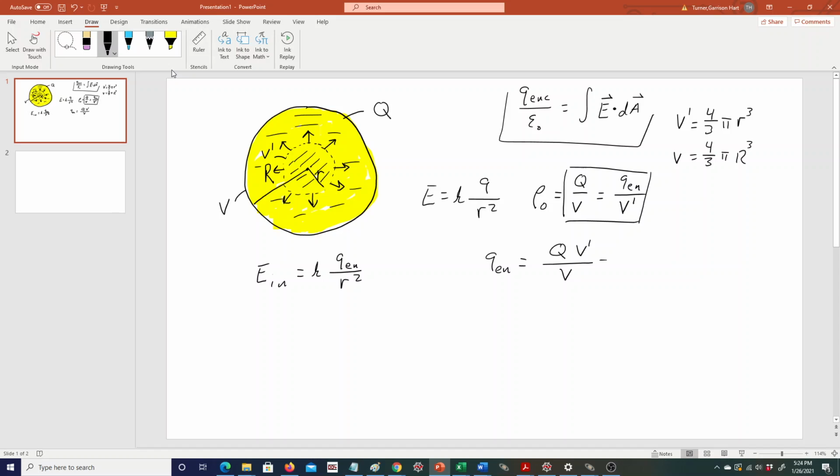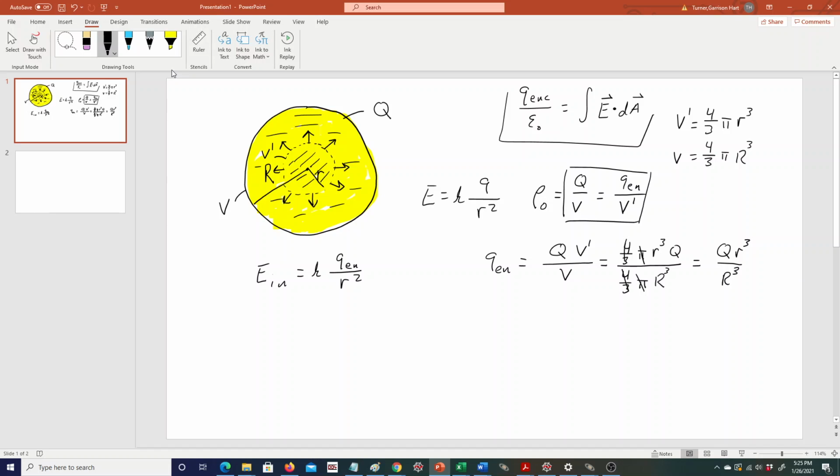And so this becomes 4/3 pi r cubed here and then capital Q over 4/3 pi capital R cubed, and the 4/3 and the pi's cancel out, and so Q enclosed is just Q times the Gaussian surface radius cubed over the radius of the entire sphere cubed.